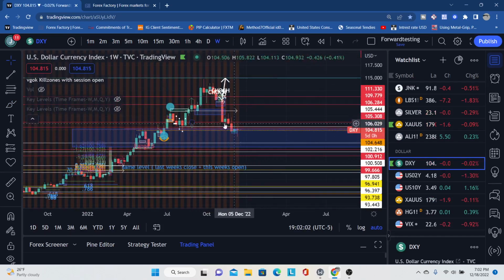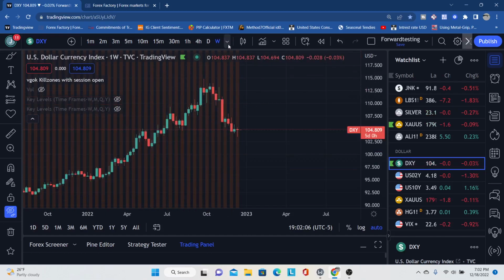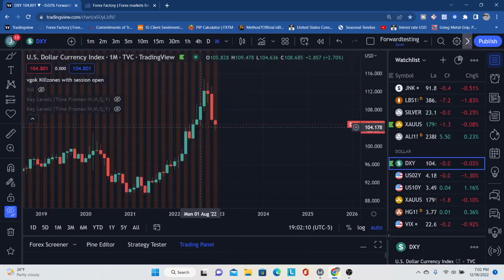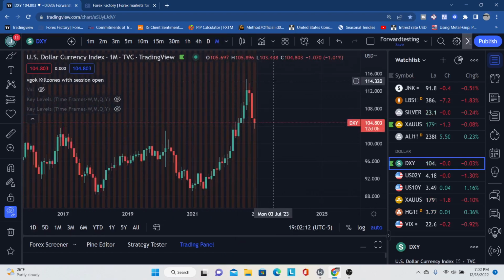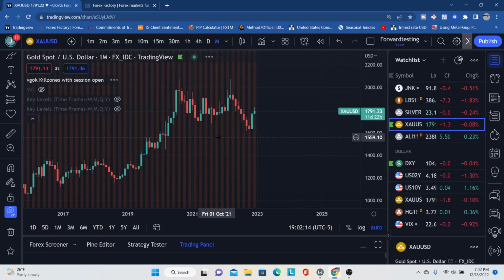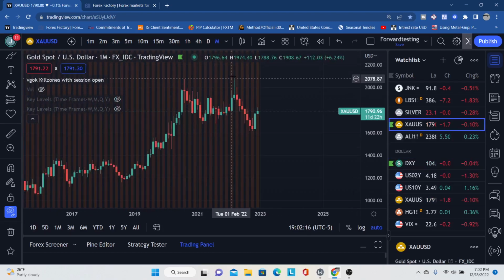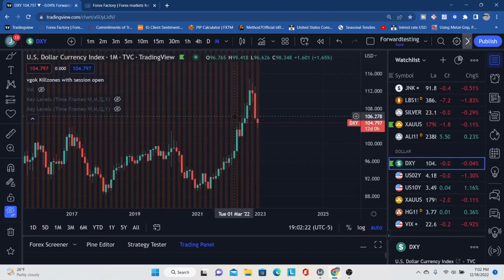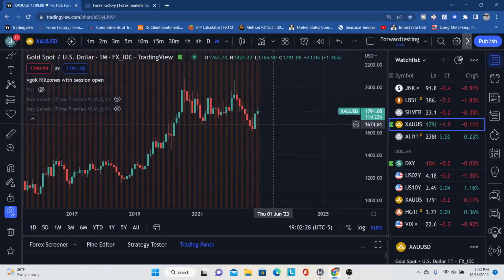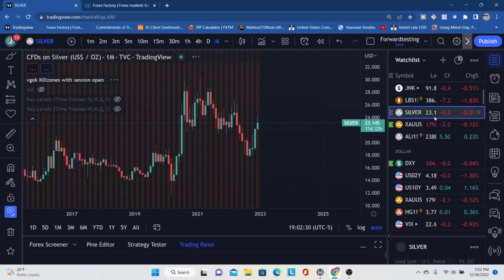The US dollar also has been hanging around in a key area, and on the monthly we're coming into this monthly candle, so I'm expecting a nice reversal here. Gold is coming into this monthly resistance. It could rally higher, but I'm expecting that if we get this reversal in the dollar to the upside, we will also get this reversal in gold to the downside.